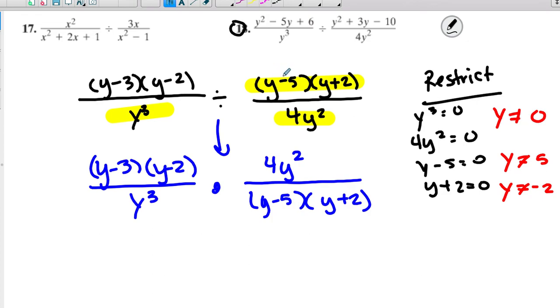So this should have been a positive 5, and this should have been a negative 2, which then also changes this, because that should be a negative 5, because that would be positive 5, and this would be negative, so that makes that positive 2, right? So change that to positive, change that to negative. Right, so I didn't do that on purpose, obviously, but at the same time, it's good to see it because it's an easy fix because I showed my work, okay?